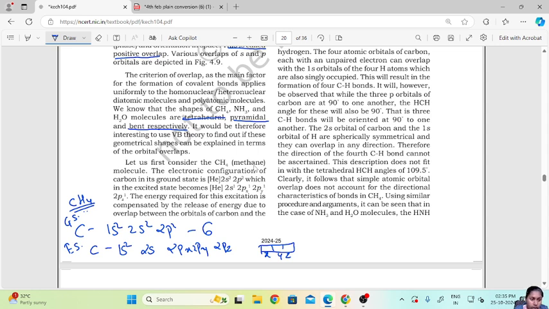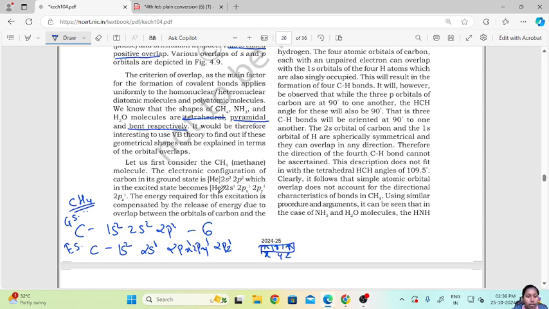The electrons in 2p are 2, so 1 and 2, one electron each in x and y. From the 2s orbital, 1 electron is transferred to 2pz. So now we have 4 unpaired electrons present in carbon, 2s1, 2p3. Each of the p orbitals has 1 unpaired electron in it.